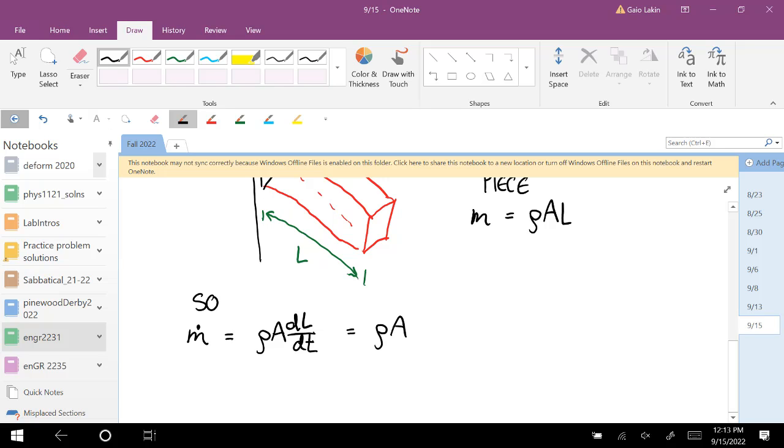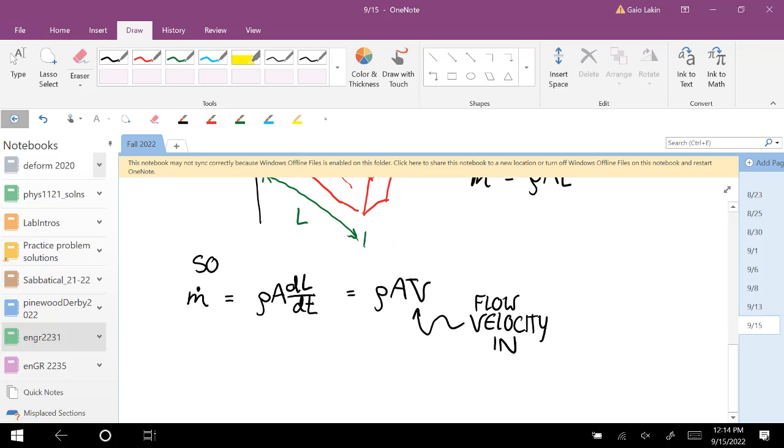That's rho A V, where V is the flow velocity in. The density we don't use as much as the specific volume.